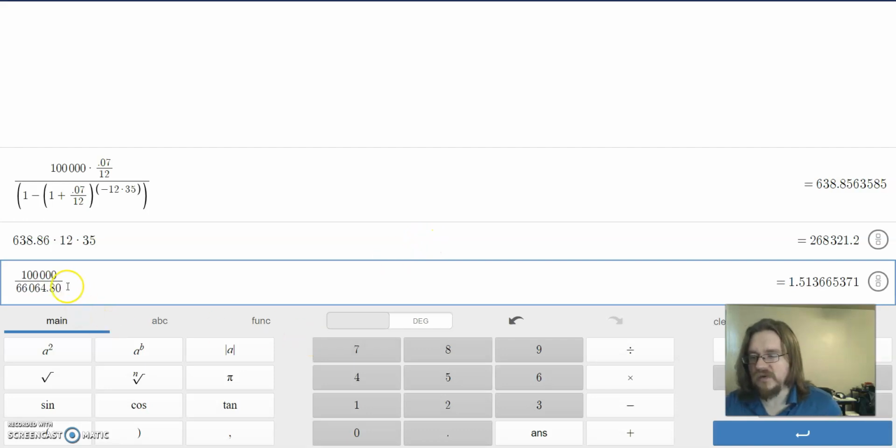So we're going to take $100,000 and divide that by 268,321.20, and we see that we get 37%.